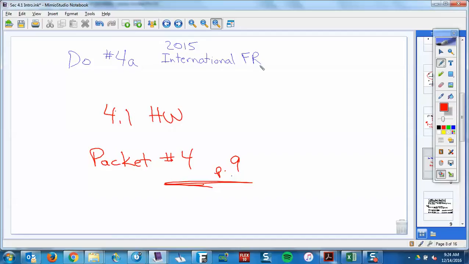On the 4.1 homework, you're going to be doing some matching of slope fields. You're going to use those hints I gave you: if the columns up and down have the same slope all the way across, if each column is exactly the same, that means it only has x in it.